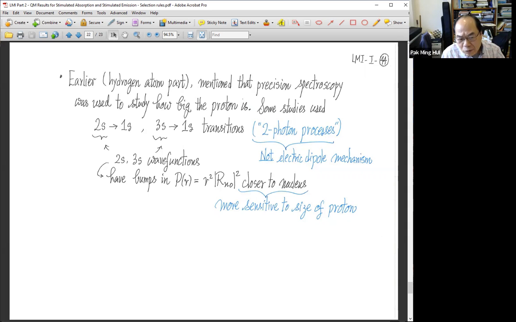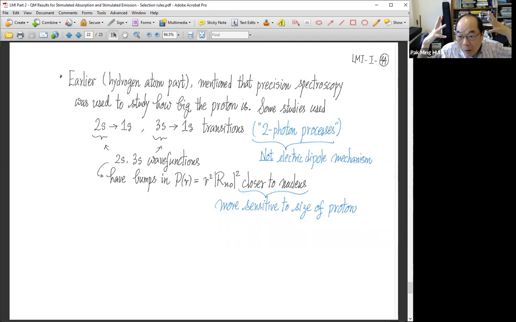The reason that when they try to probe the size of the nucleus, a proton, they use S states, is that only S states have a big wave function near the nucleus. The P, D, F states are 0 at the nucleus.